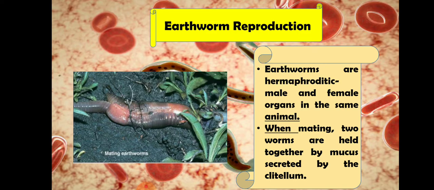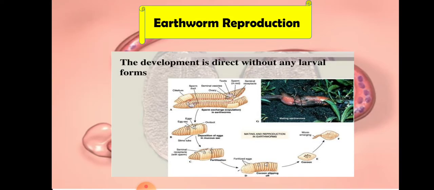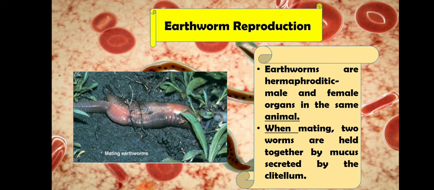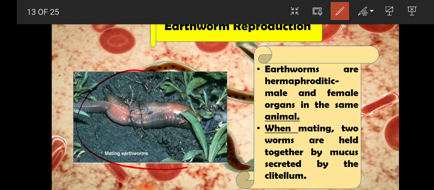So as in the picture, two worms which are attracted by each other's secretion lay their bodies together with their heads pointing in opposite directions. So the fluid is transferred from the male pore to the other worm.